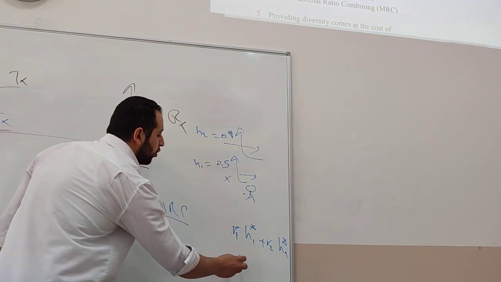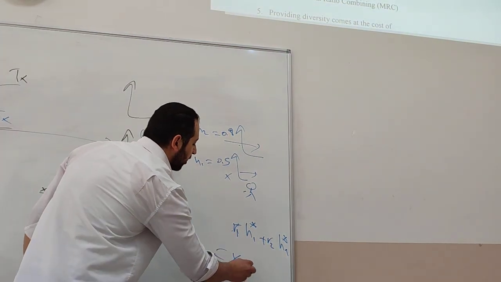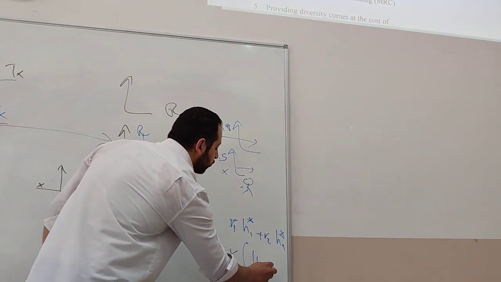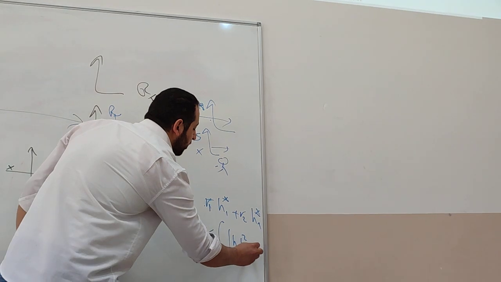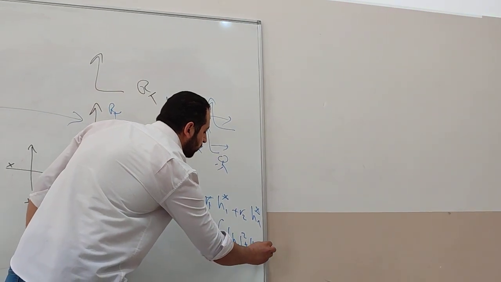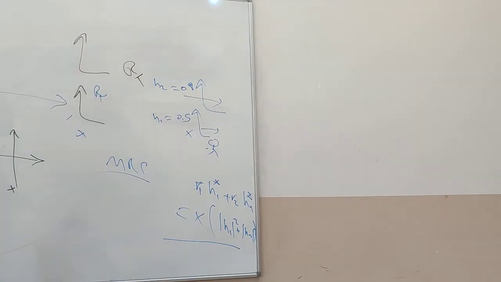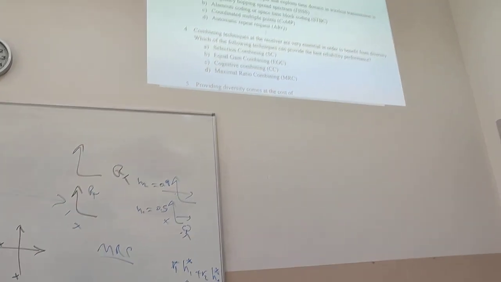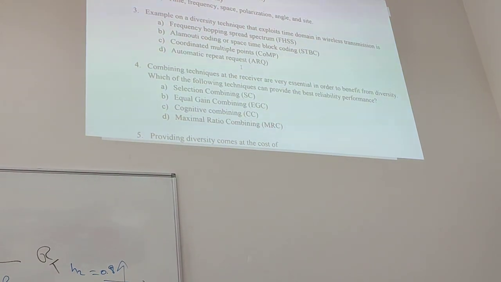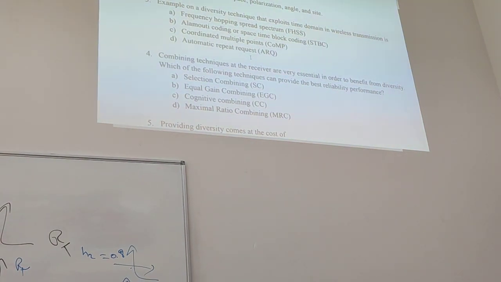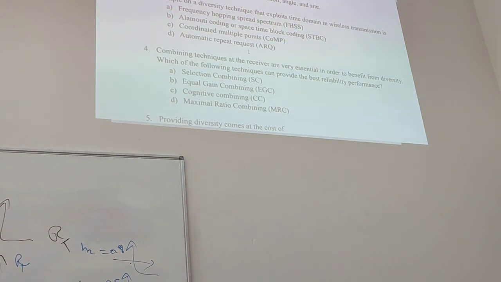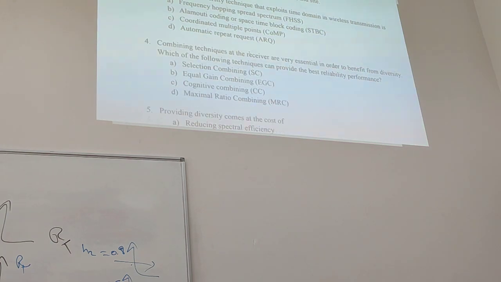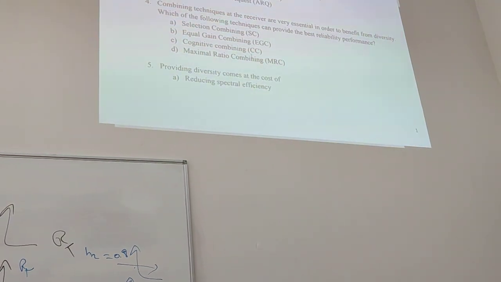At the end of the day, you will get something like this: X multiplied by the amplitude squared of H1 plus the amplitude squared of H2. And this usually gives you the optimal performance in the case of receiving a signal from two antennas or more. So the correct answer is D, maximum ratio combining.